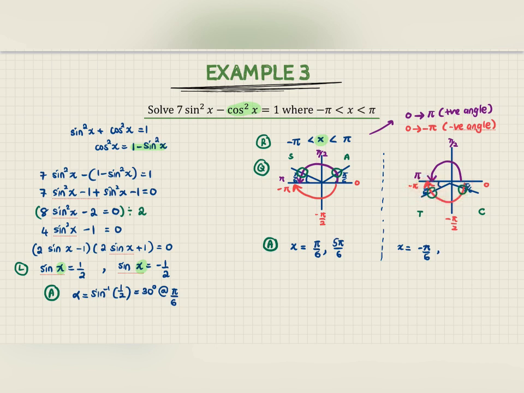So we are going to get negative 5 pi over 6. Okay, so that means your final answer here will be, saya susun ikut ascending order. So starting dengan paling kecil, negative 5 pi over 6, followed by negative pi over 6, pi over 6 dan juga 5 pi over 6. So that will be your final answers.